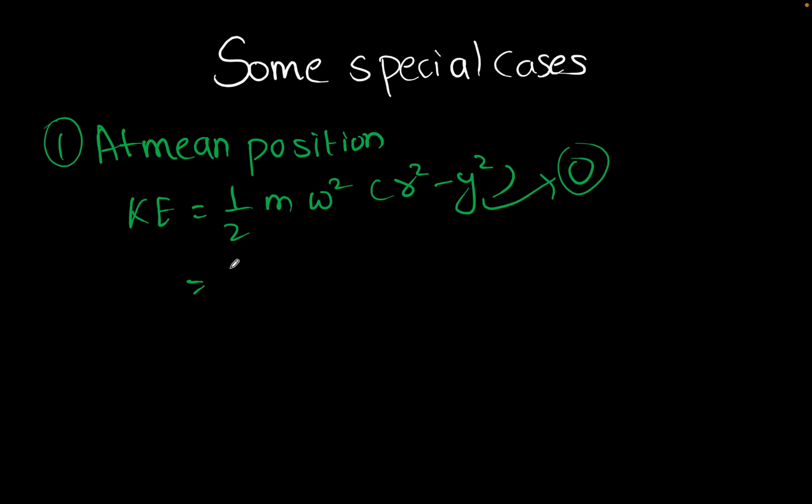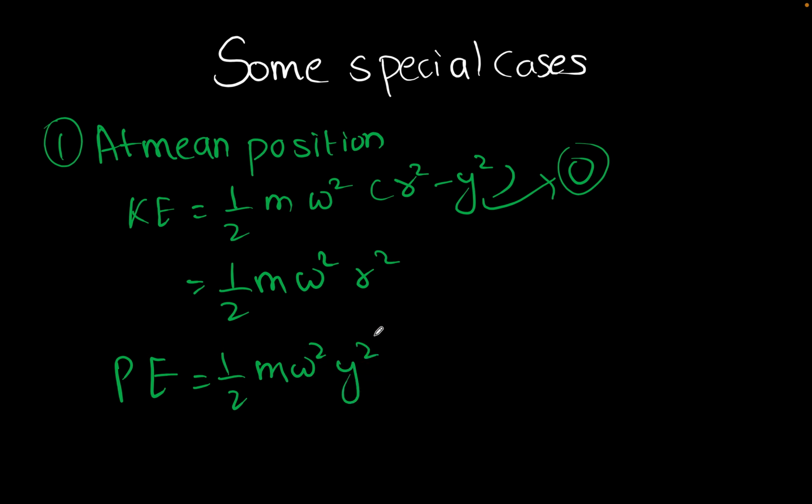So kinetic energy is going to be half of m omega square r square. Likewise, our potential energy is half of m omega square y square, and again displacement is 0, so our potential energy is going to be 0. So total energy is again going to be the sum, that is again half of m omega square r square.